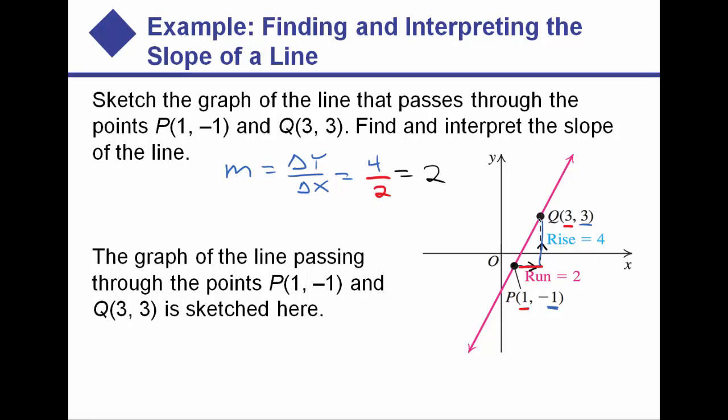If we had started with the other dot, so let's say we wanted to go in the other direction, and we'll start here with the green one. Well, now when we go from there down, we now have a negative 4, and then we go in this direction, so we have a negative 2 for our x direction, and the negatives cancel, and we still get 2. So the slope is the same in both directions.